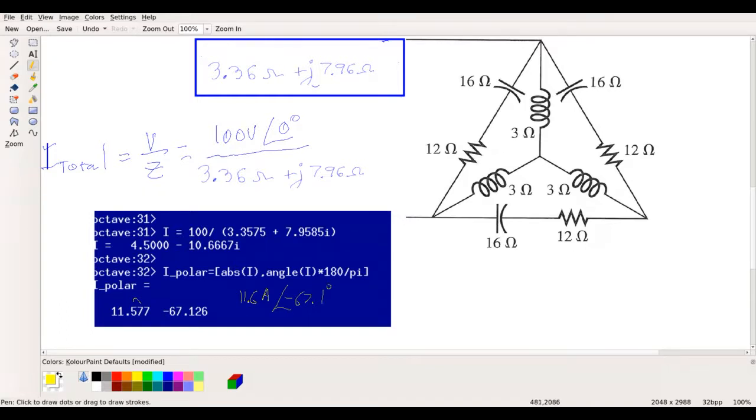Okay, so that is the total current in polar form for this circuit if it's being supplied by 100 volts.